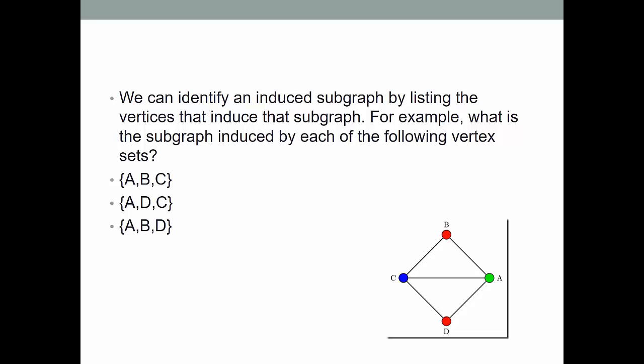But if we select the vertices A, B, and D, as we've already noted, B and D are not adjacent. So the induced subgraph, when we select A, B, and D, is a path of length 2. The path of length 2 is beginning at B. We go B to A to D.